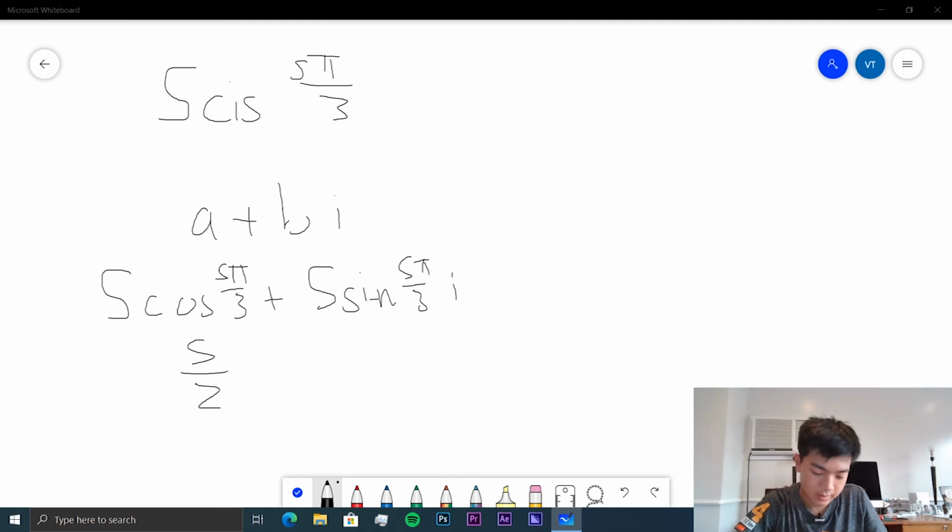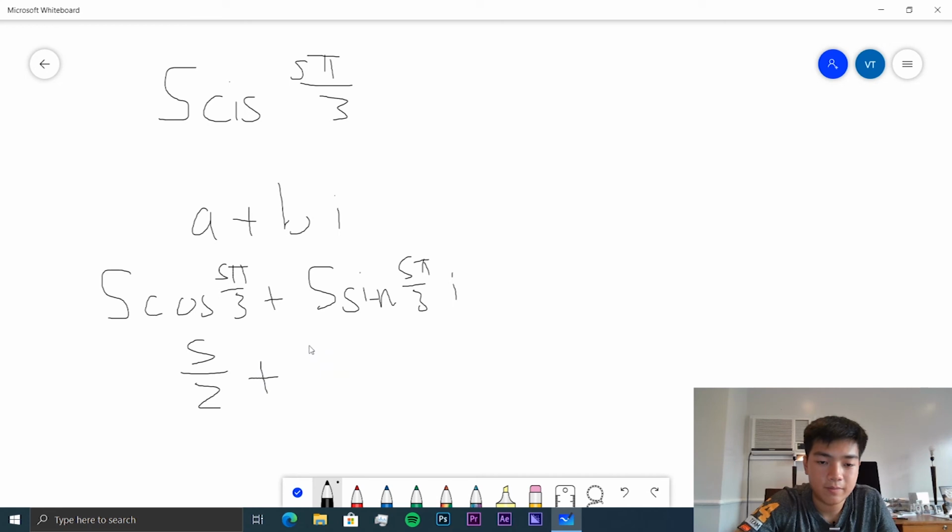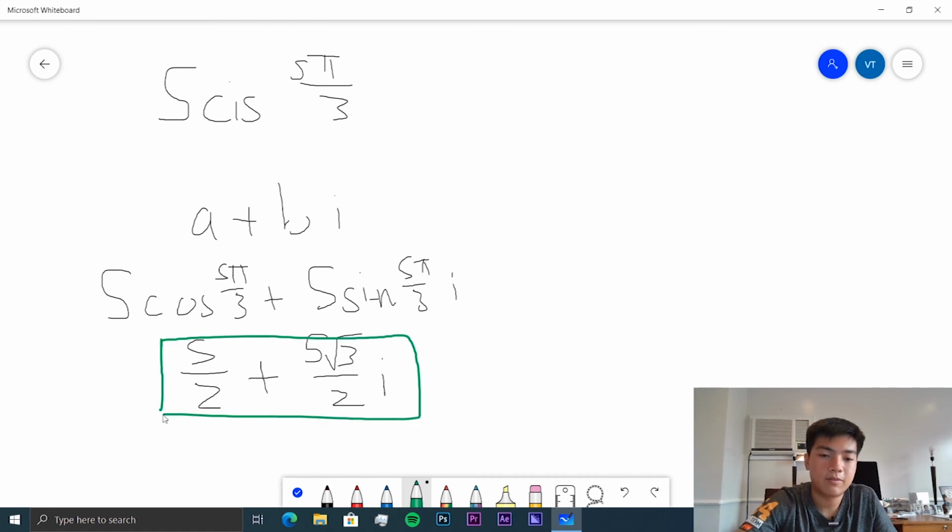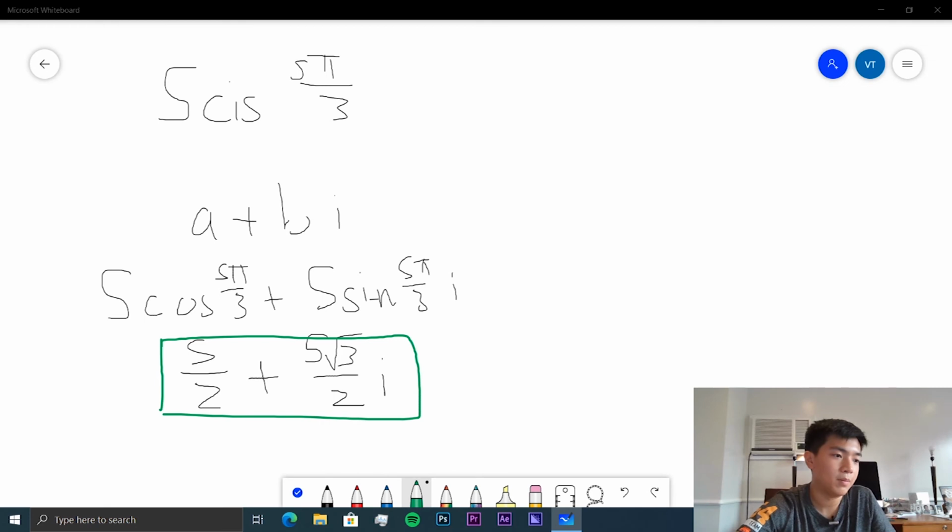Let me just check. Cosine 5 pi over 3, yeah, it's equal to 1/2. So we have 5 over 2 plus 5 times root 3 over 2 times i. So this is converting the number from polar to Cartesian.